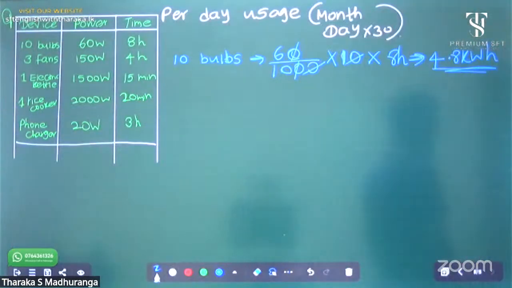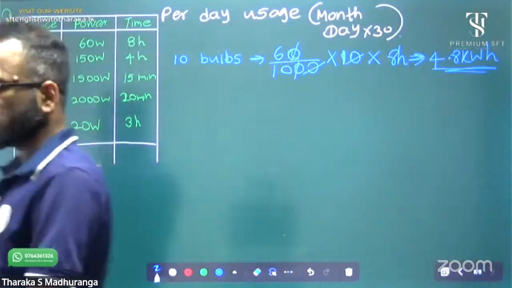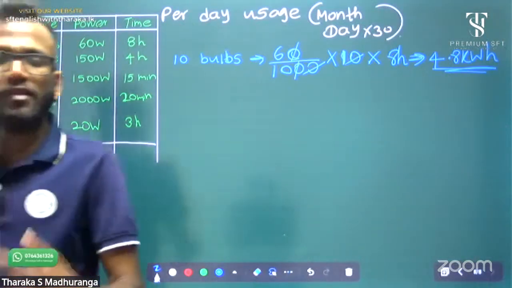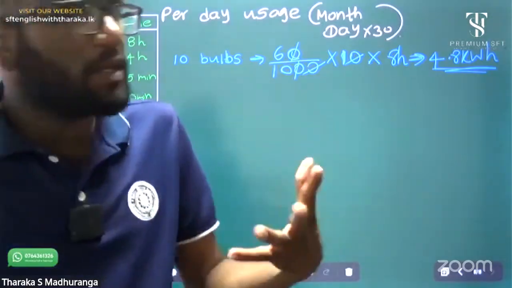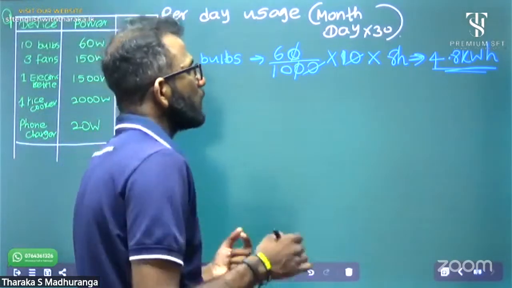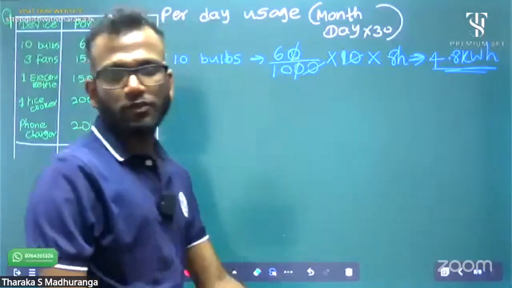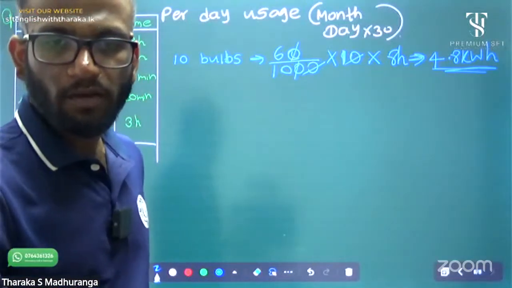Understood? Then for the device usage, I just want to convert into kilowatt hours. That means for the bulbs per one day, 4.8 kilowatt hours are used in this home.